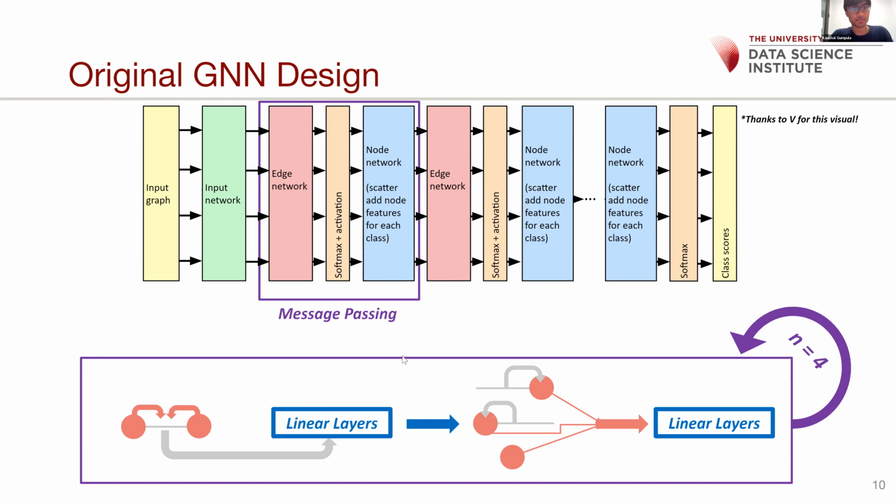Now to zoom into what exactly is going on in this message passing block, we take advantage of both an edge and a node network. Basically, first we concatenate the features between incident nodes on an edge to create new edge features. We then allow the model to learn these edge features to make edge weights, so we put that through a linear model to get a new set of edge weights.